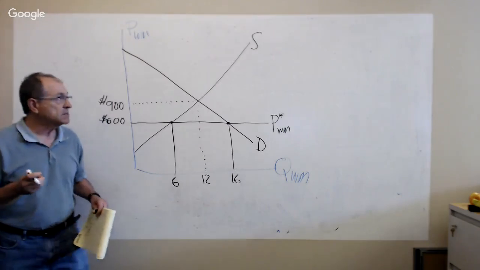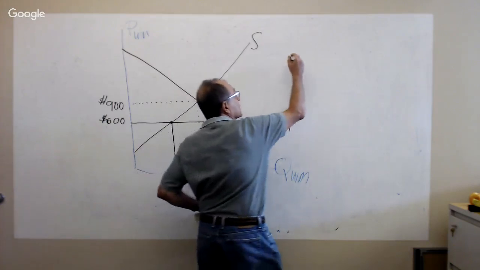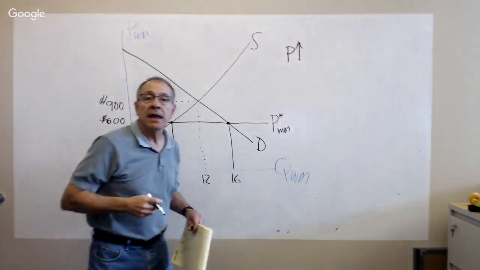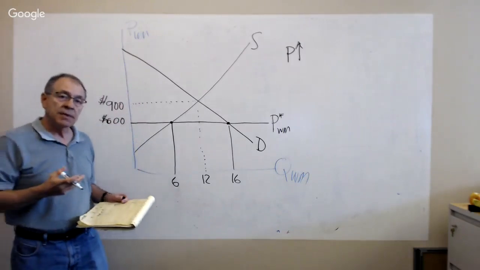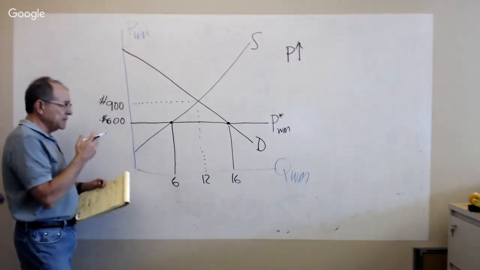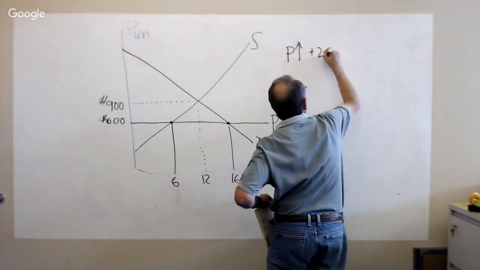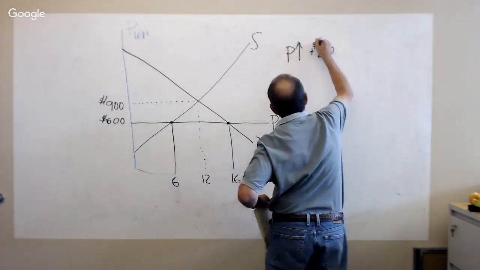When the tariff is imposed, what happens is that, of course, the internal price is going to go up. And since it's a small country, it's going to go up by the amount of the tariff. Let's assume that the tariff is $200. So the price will be going up by $200. That's the amount of the tariff.